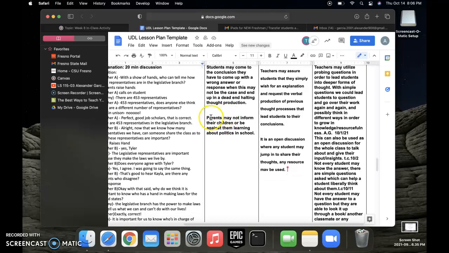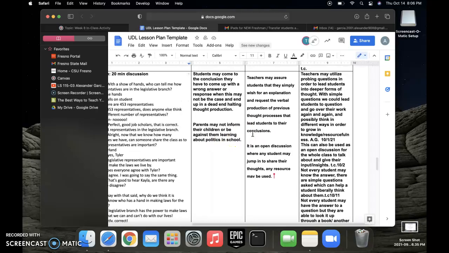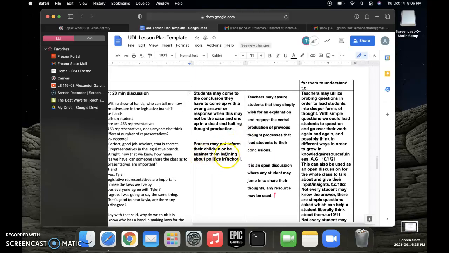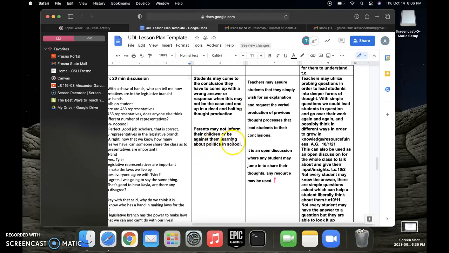And then secondly, parents may not inform their children or be against them learning about politics in school. And this could look like several different things.